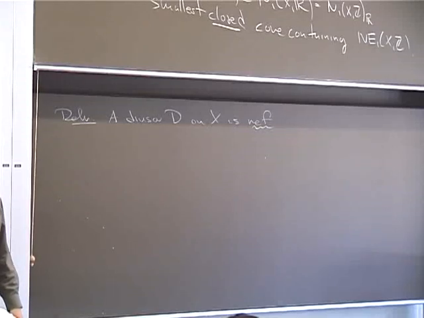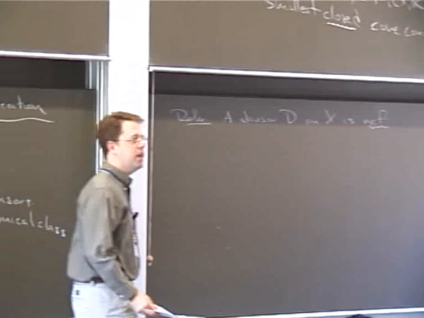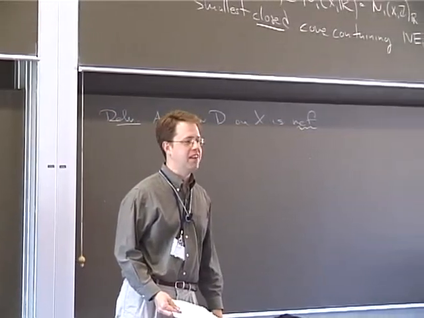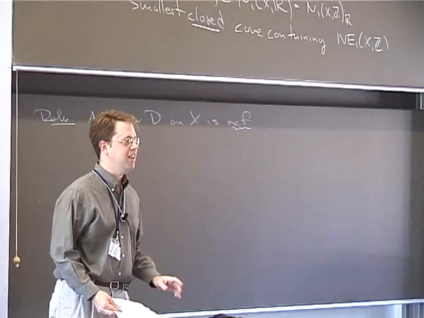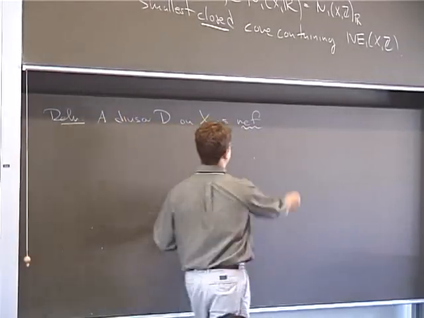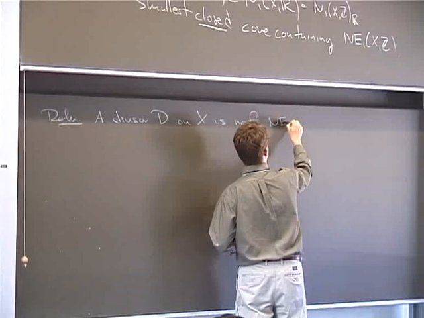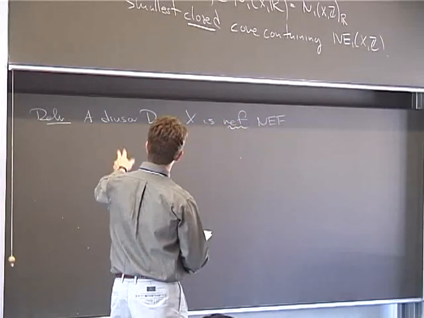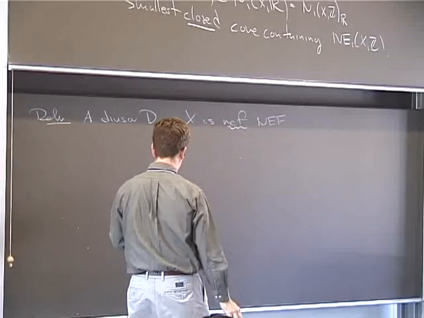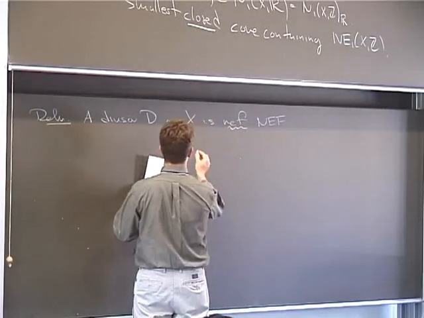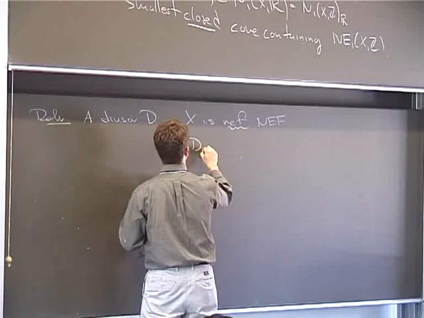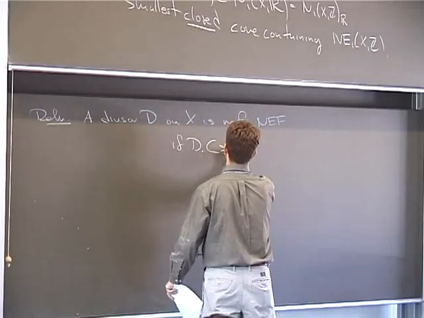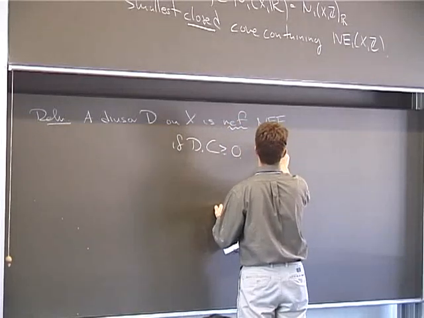I think there's some argument about it. And the way to defuse the argument is that NEF is just NEF. It's an acronym that doesn't actually mean anything. A divisor is NEF if, when I intersect it with any curve C in X, the result is non-negative.